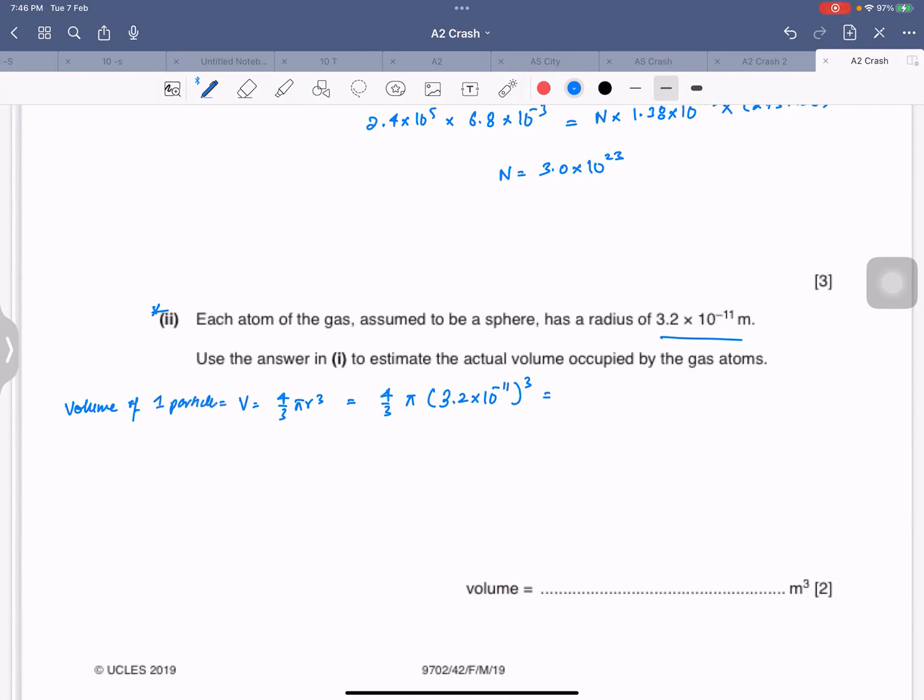And that would be 1.37 times 10 to the power minus 31 meter cube.